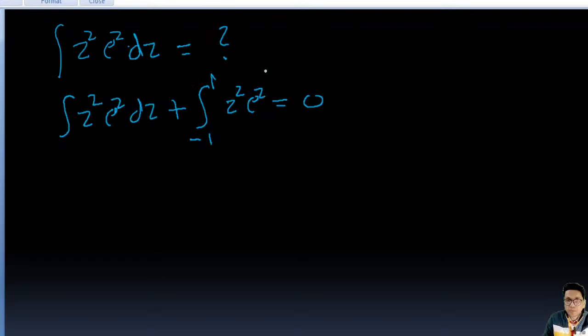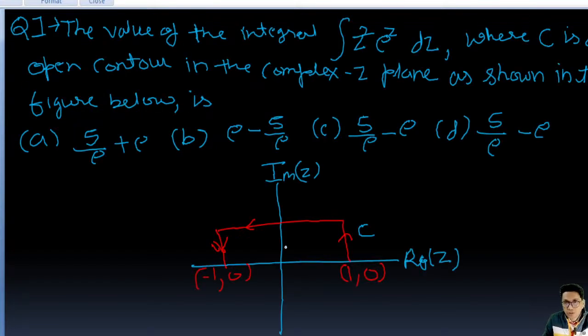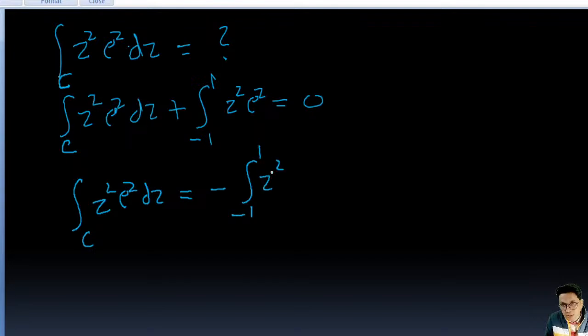So for this integration, it is -1 to 1 z square e to the power z dz, and here it will also be dz.